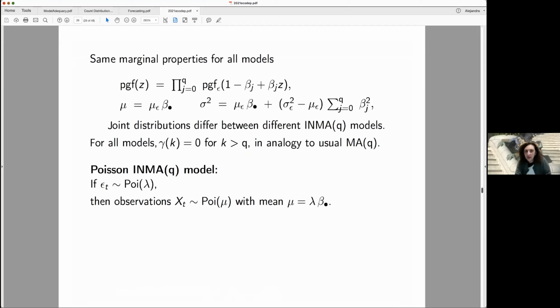So, as I said before, the marginal properties are the same for both models, but the joint distributions are different.